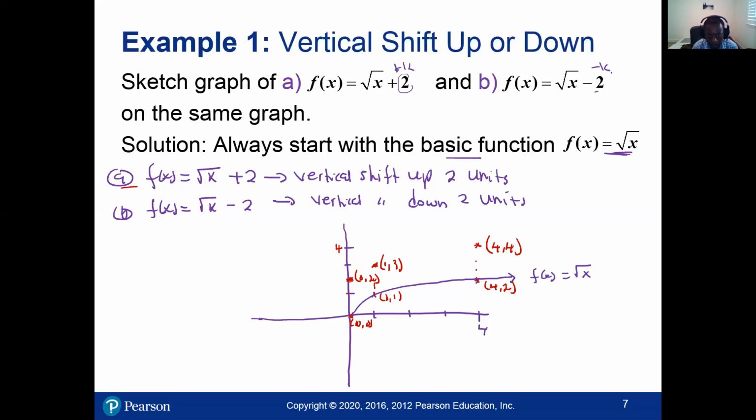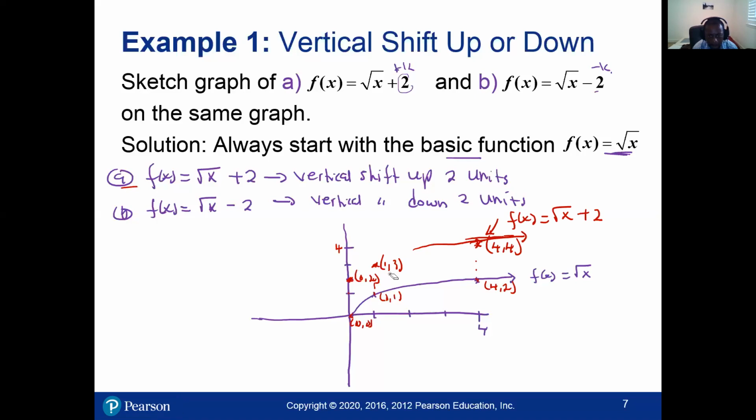So if you want to graph this, it's going to start from here and go this way. So this is your f of x equal to the square root of x plus 2. It doesn't look the way the graph should. Let me erase and see if I can have a better graph.